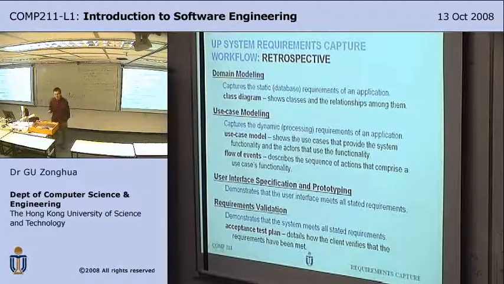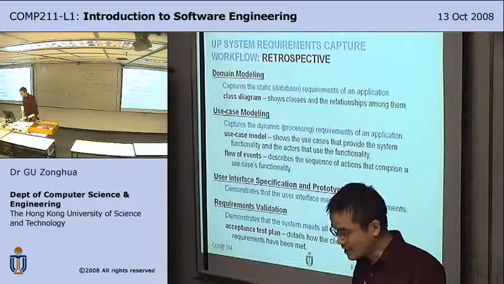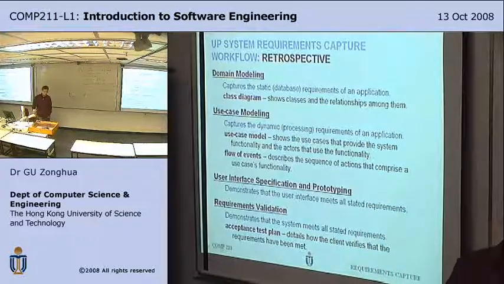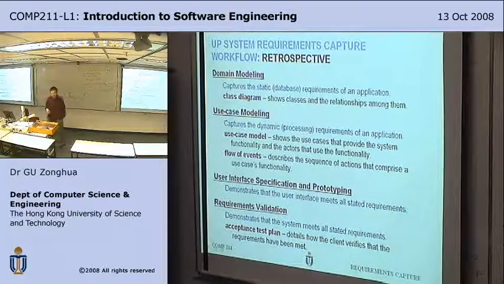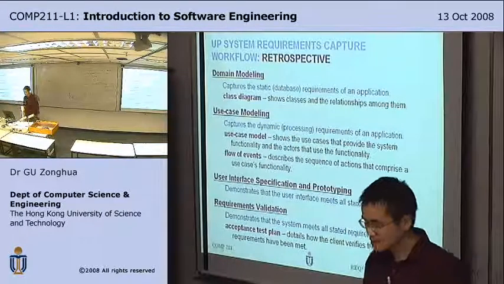It has a direct translation into the database schema. So it acts as the vocabulary, the data dictionary, for pretty much all the other models that you will develop later.